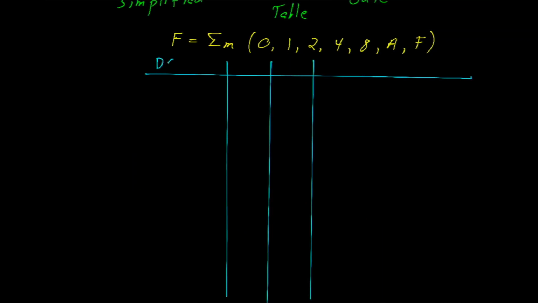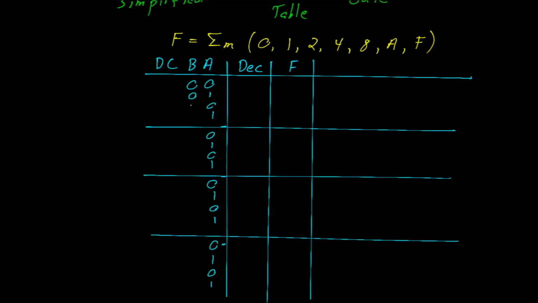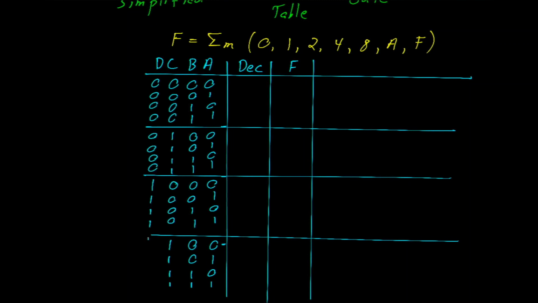Input D, C, B, A. We'll let this be a decimal form, and then we'll let this be F. Actually, let this be hex instead. I think that might be a little more descriptive because our compact sum of minterms was expressed in hex.